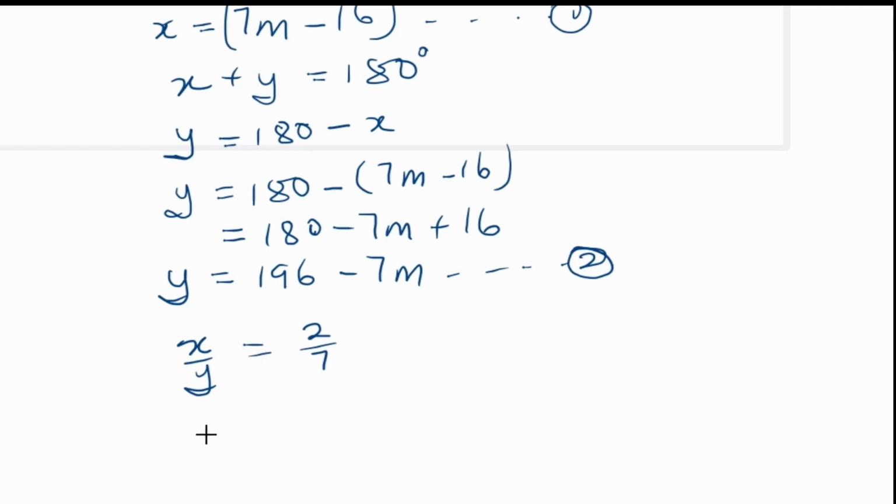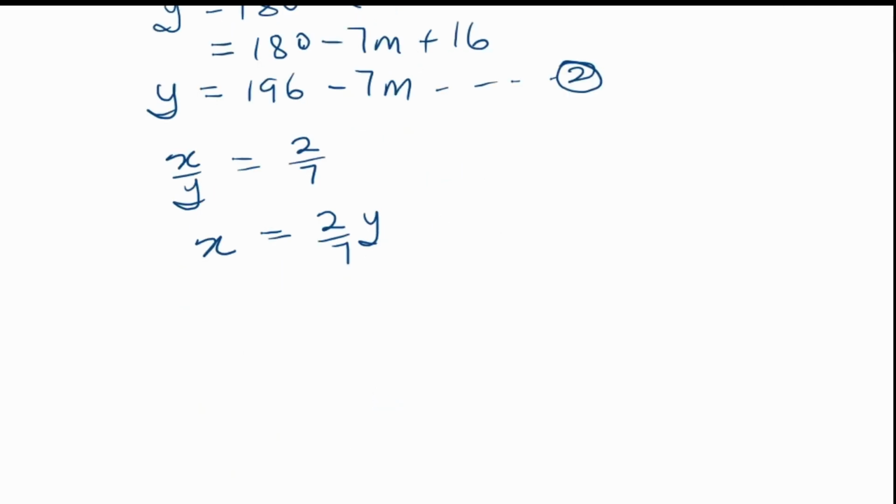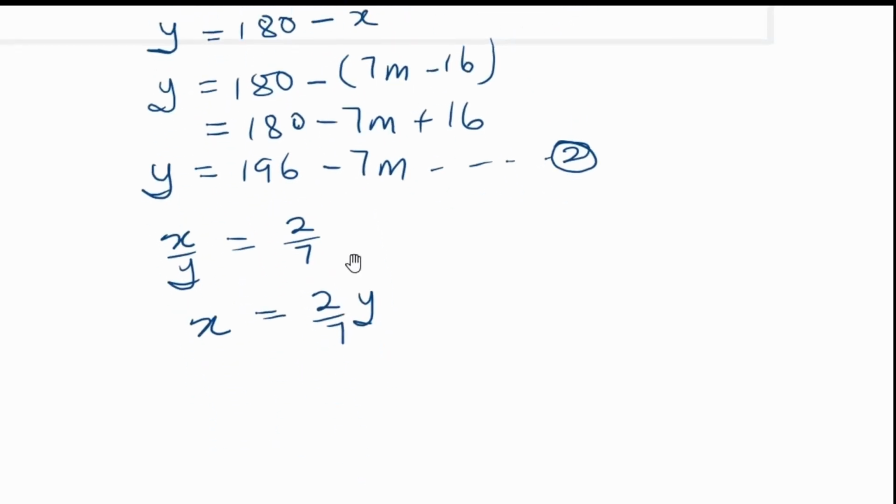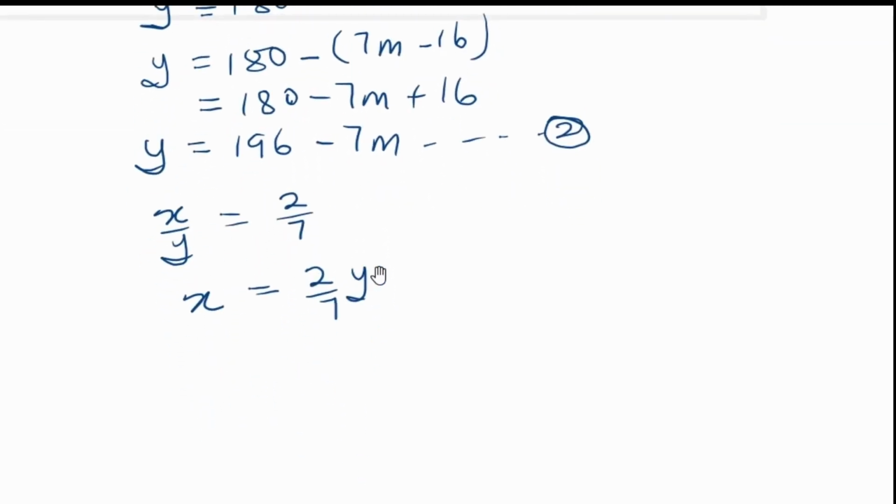And making x the subject from this, we are going to have x equal to 2 over 7y, which is simply obtained by multiplying both sides by y. Substituting equations 1 and 2, we are going to have 7m minus 16, which is the expression for x, being equal to 2 over 7, multiplying the y, which is 196 minus 7m.